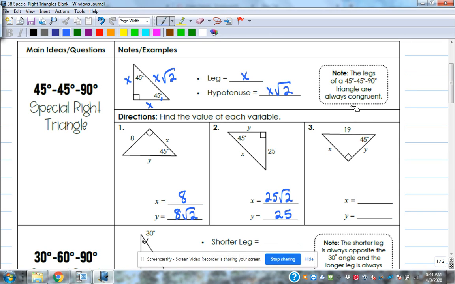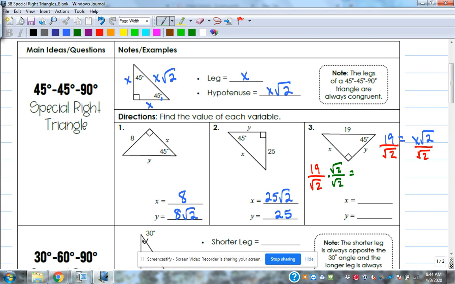So for this one, they go a little bit differently here, and they give us the hypotenuse, and they want us to find the legs. So if the hypotenuse is 19, then that was x radical 2. So if we solve that with algebra here, we're going to divide by the square root of 2. And then we've got to rationalize the denominator. So we're going to multiply by square root of 2 over square root of 2.